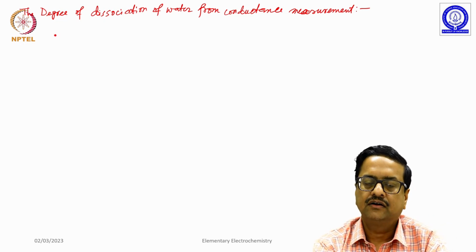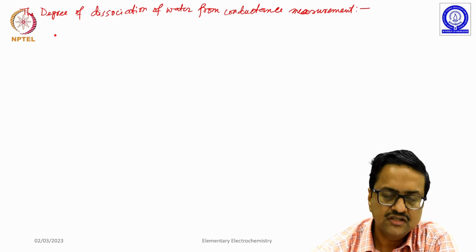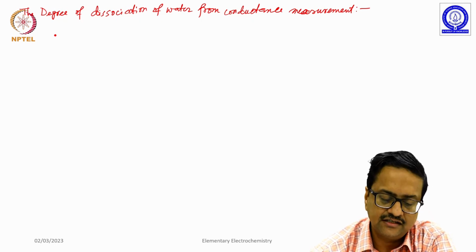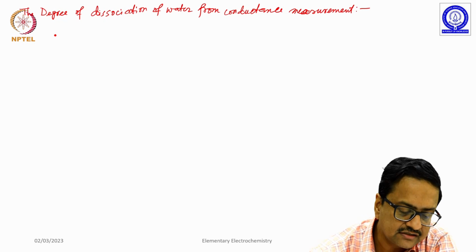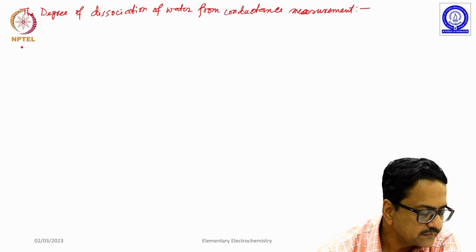See, for conductance measurement, we need to get a very high quality water, which essentially should not be dissociated and should not be conducting electricity, but that is practically impossible.